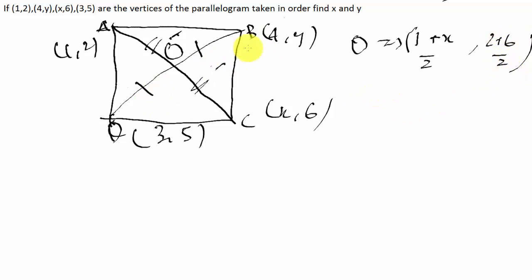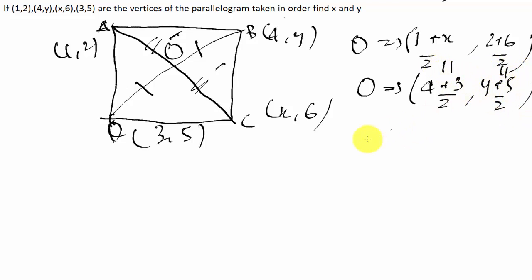Now you can substitute the values over here also for this diagonal, because these two are also equal and cuts in the ratio 1:1. Now if you put that, you will be getting (4 plus 3) by 2 and (y plus 5) by 2. Now these two are equal and these two are also equal. So (1 plus x) by 2 is equal to (4 plus 3) by 2. Cancel that.